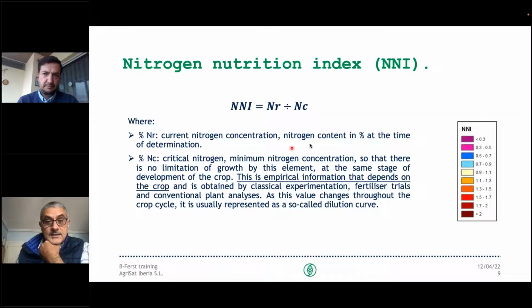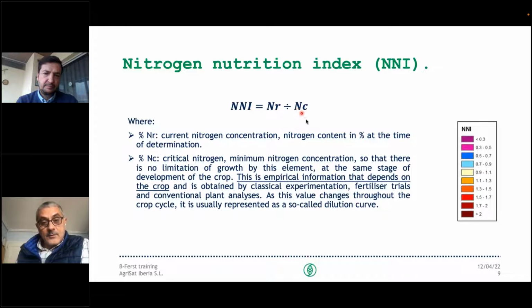The nitrogen nutrition index, in an easy way to explain, is the comparison between the current nitrogen concentration of the crop at the moment that the image is taken, and the critical nitrogen described in the curve I showed before.